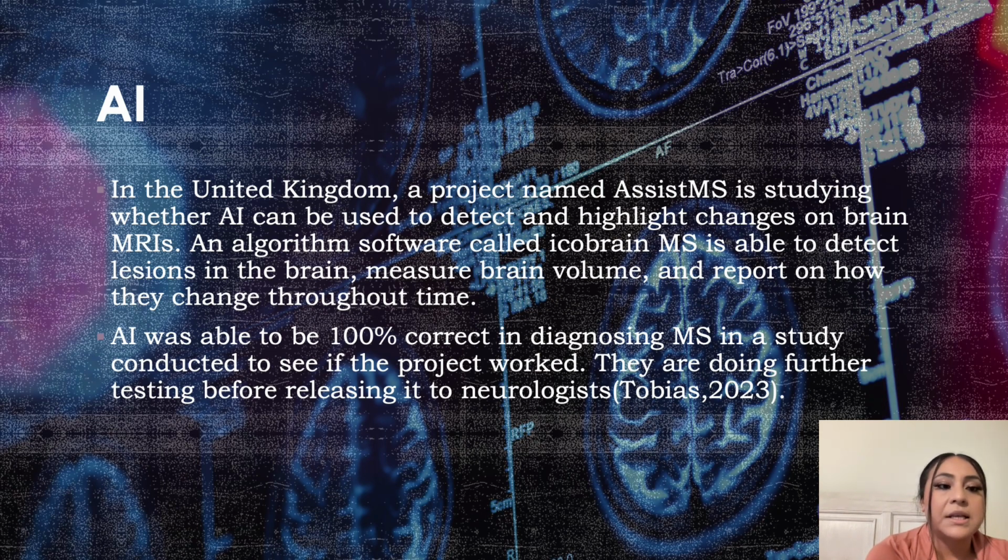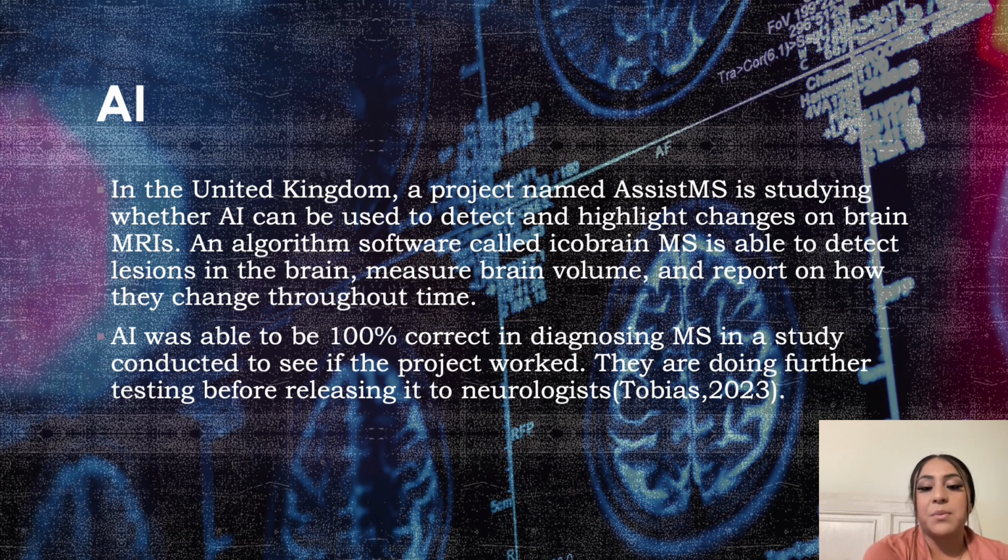Artificial intelligence. In the UK, a project named Assist MS is studying whether artificial intelligence can be used to detect and highlight changes in the brain using MRIs. An algorithm software called IcoBrain MS is able to detect lesions in the brain, measure brain volume, and report on how they change throughout time.